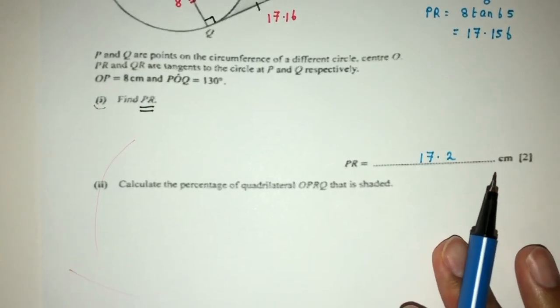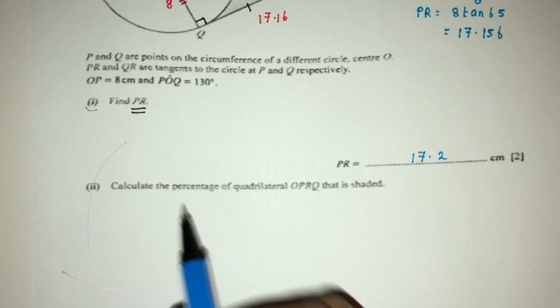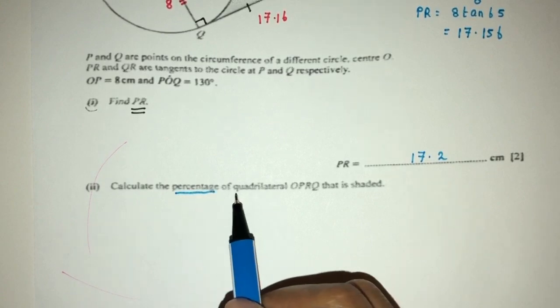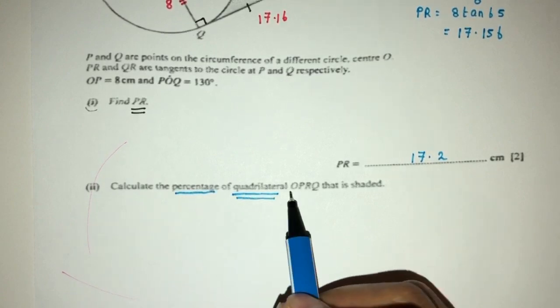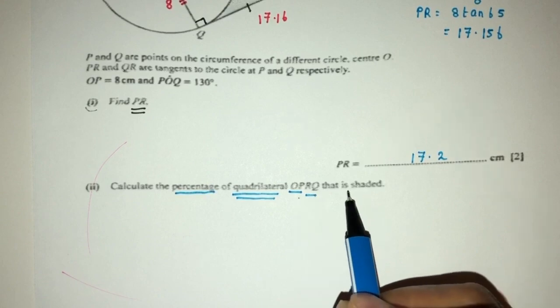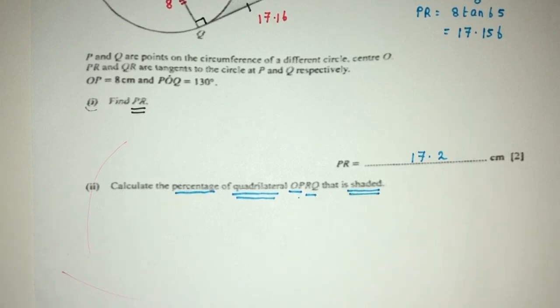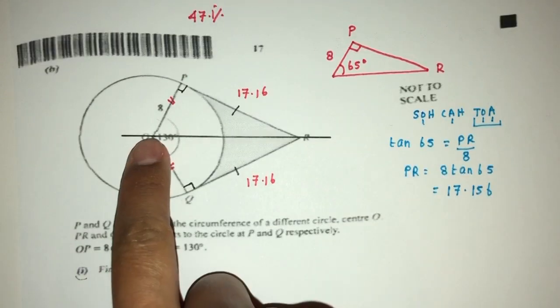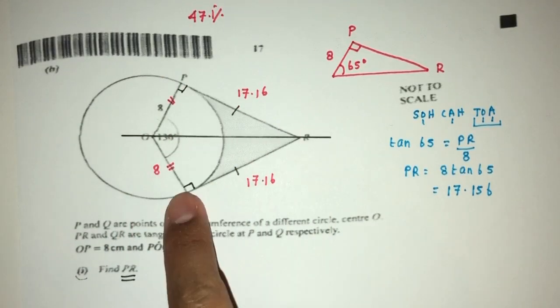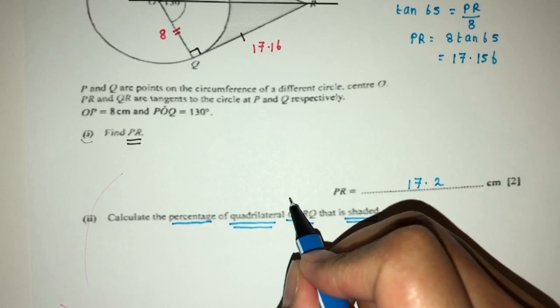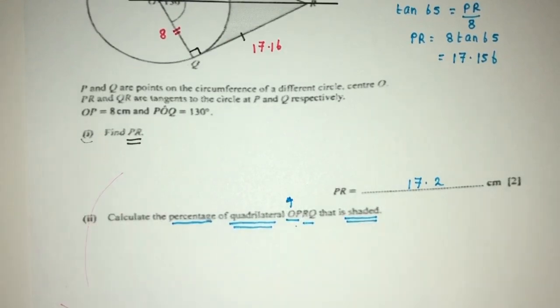Now part 3, we have to calculate the percentage of the quad, just the quad, OPRQ, that is shaded. So just the quad, okay? So the quad OPRQ is what? It is this OPRQ. Now we know the quad is made up of what? So first thing, let's see. How would you find this percentage?